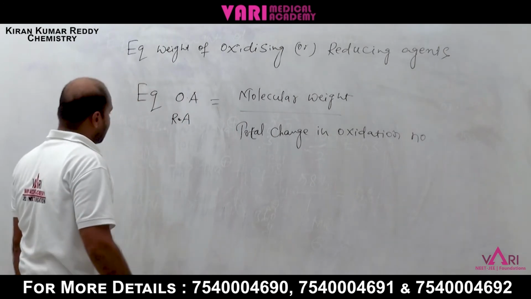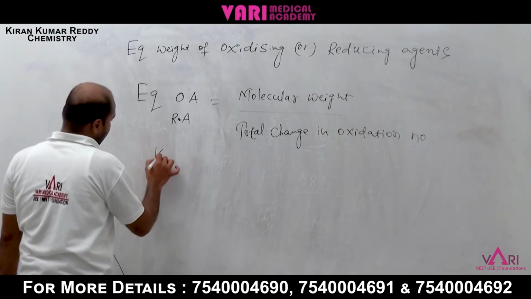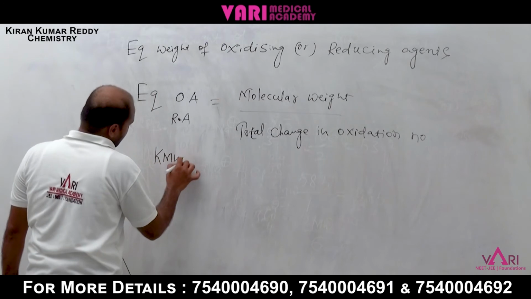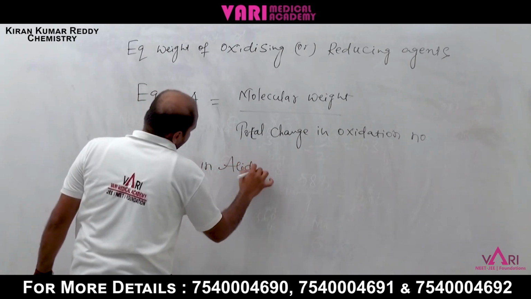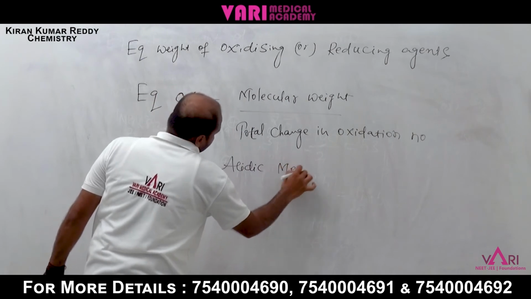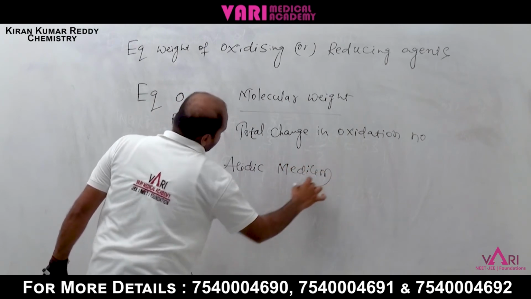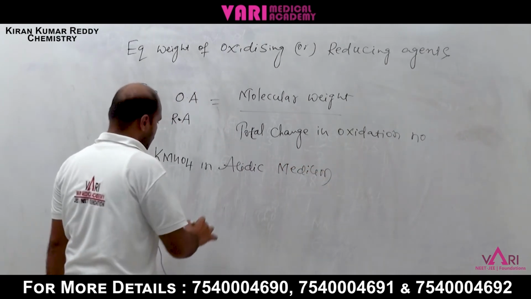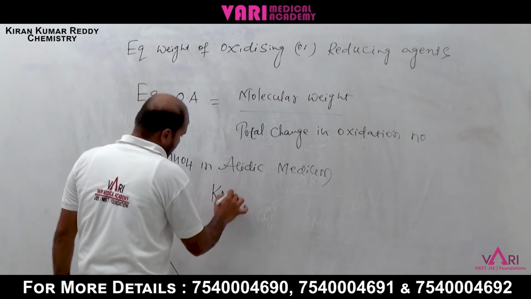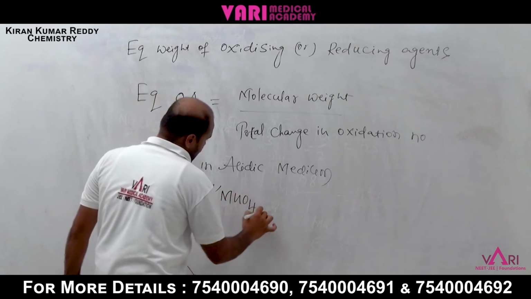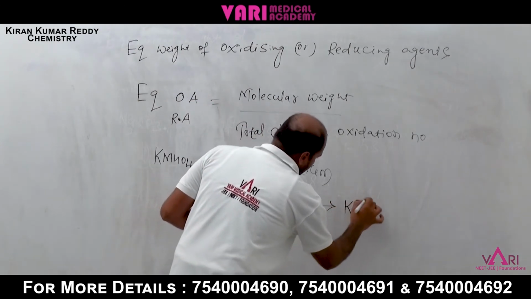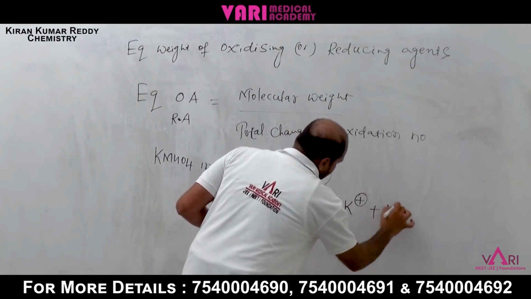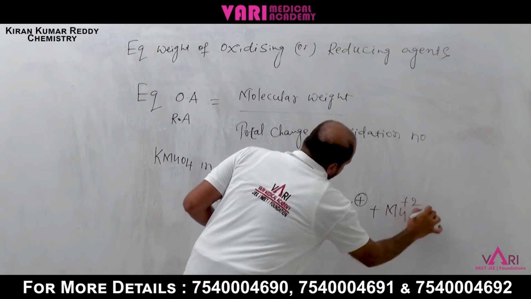If you take KMnO4 in acidic medium, we can write the equation: KMnO4 gives K plus, Mn2+.